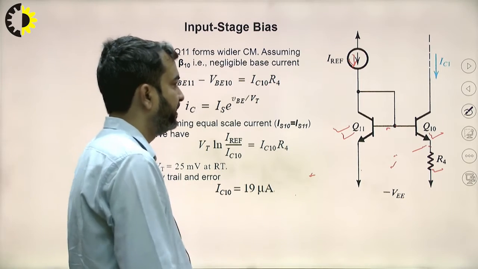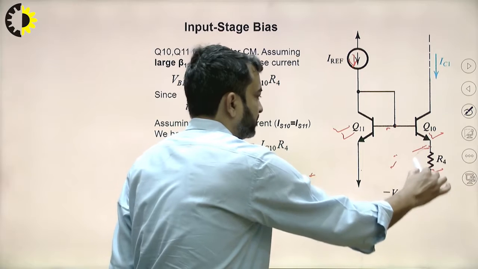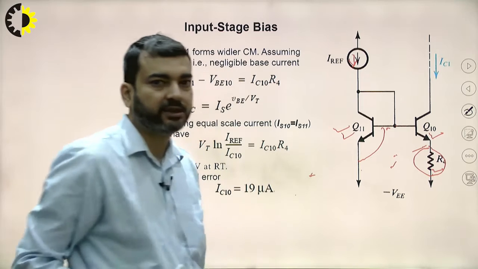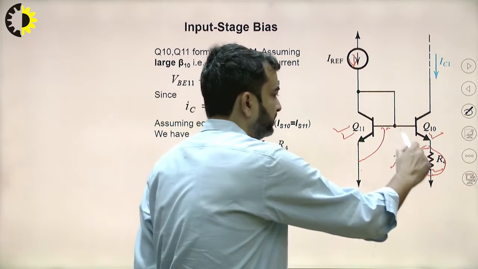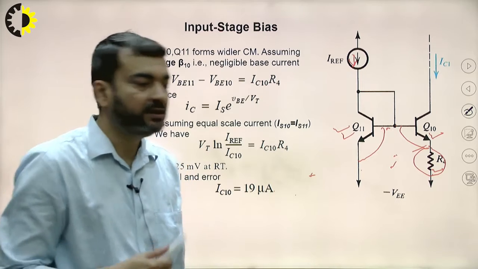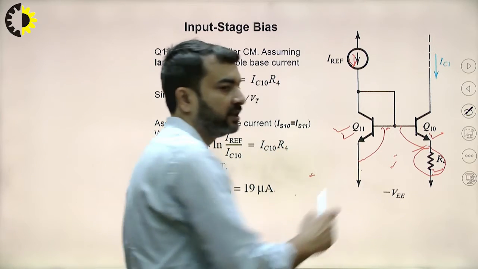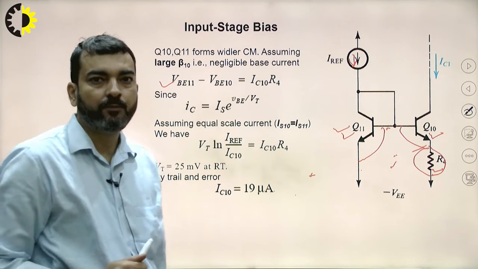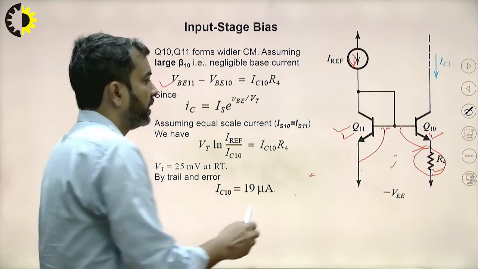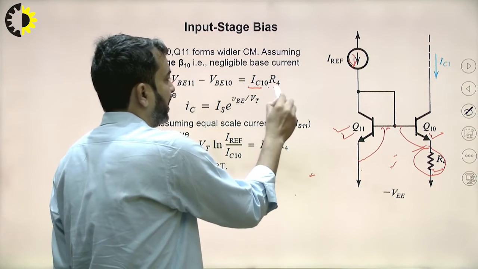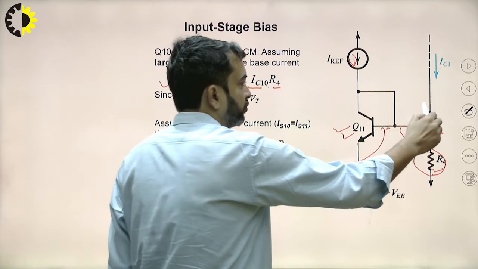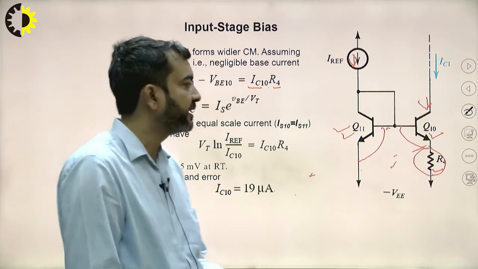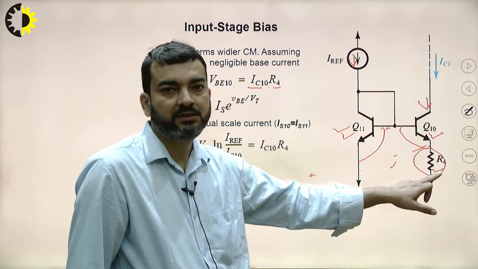So we can write the drop across this resistor: the base emitter voltage of transistor Q11 minus the base emitter voltage of transistor Q10 is nothing but the drop across resistance R4. So VBE11 minus VBE10 is equal to IC10 times R4. Here we have assumed high beta, so whatever current flows in the collector of transistor Q10, the same current will flow in the emitter of this transistor.